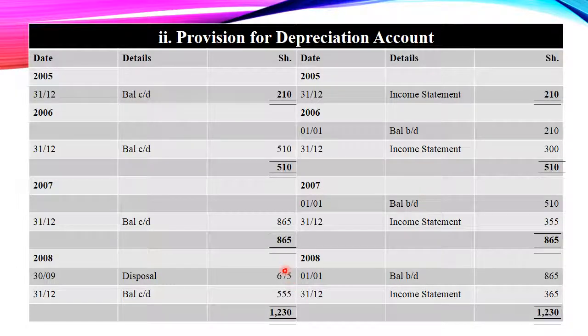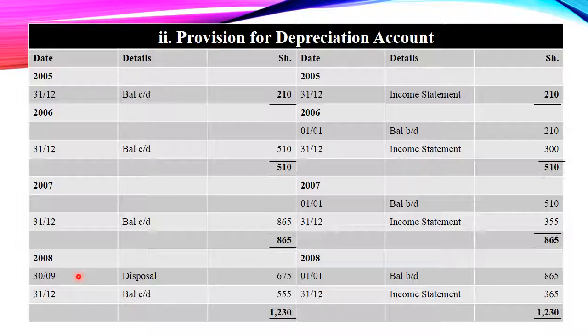I had mentioned this figure earlier. We said that this asset was acquired on 1st of January 2005. In 2005, it accumulated a depreciation of 20% of 900, which is 180. In 2006, the same 180. In 2007, the same 180.